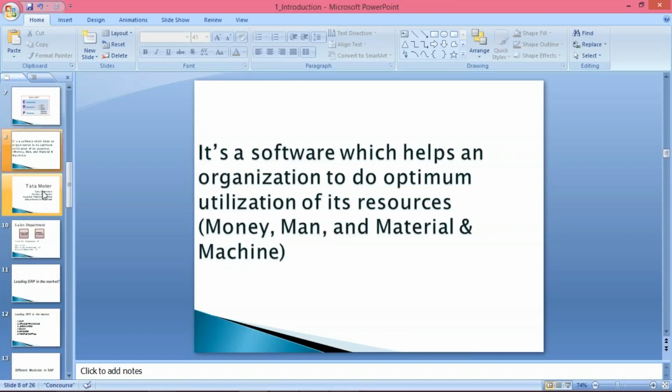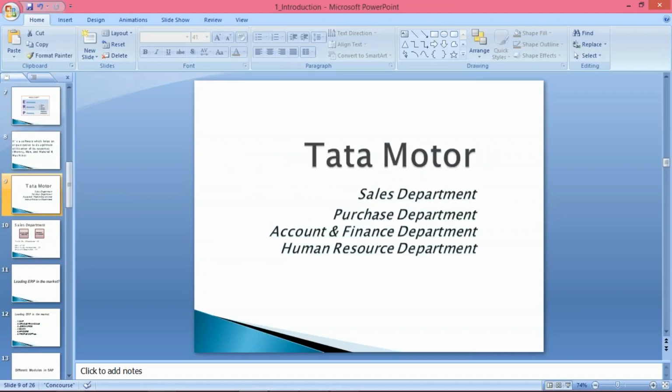I'll give one more very easy example here, of a manufacturing organization. Let's suppose there are several manufacturing organizations, and I'm just quoting the example of Tata Motors. If we talk at a broader level, every organization will have a minimum of four departments.